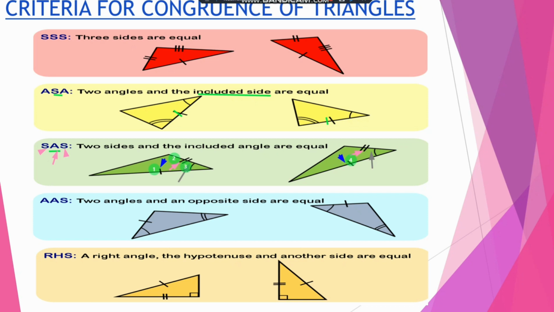So here side 1 equals side 4, side 2 equals side 5, and angle 3 equals angle 6. That is how, by SAS, the two triangles are congruent.